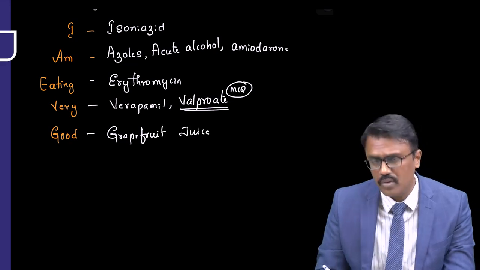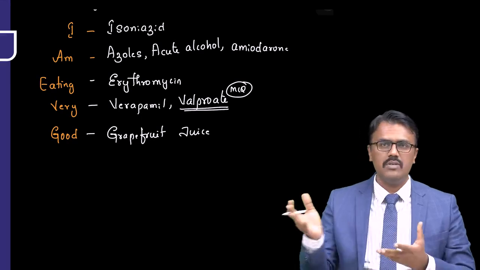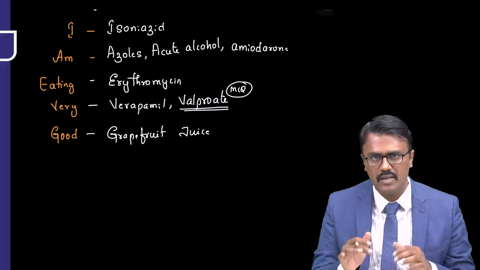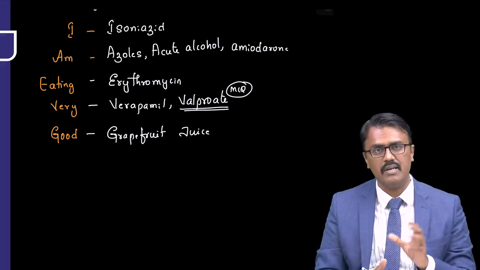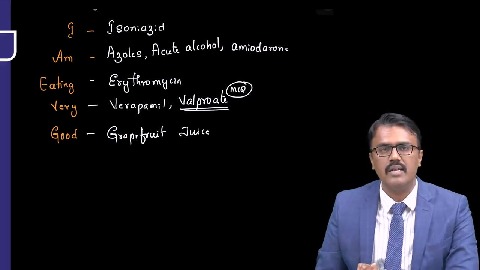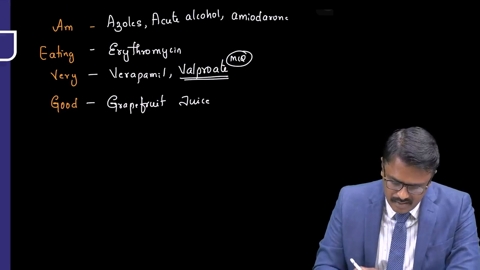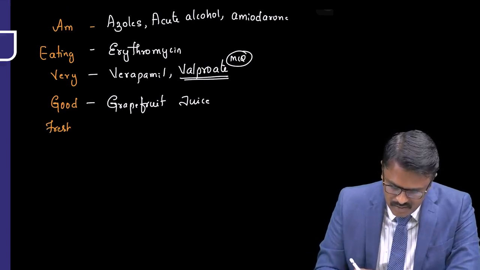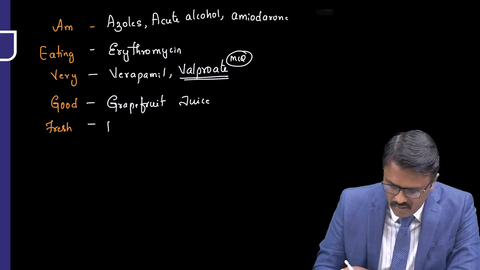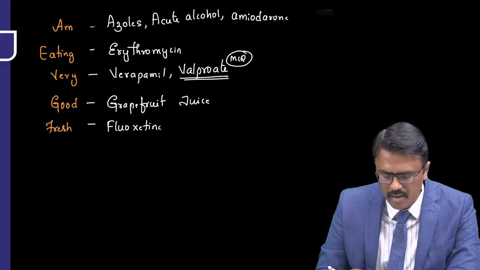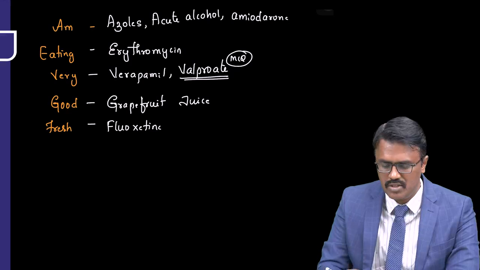Please remember, don't confuse it with grape juice. Grape juice is the normal juice you drink. Grapefruit is different. You can Google it and see. Grapefruit looks like an orange. That is grapefruit juice. So it's an enzyme inhibitor. Then fresh. The drug name is fluoxetine. So I am eating very good fresh.